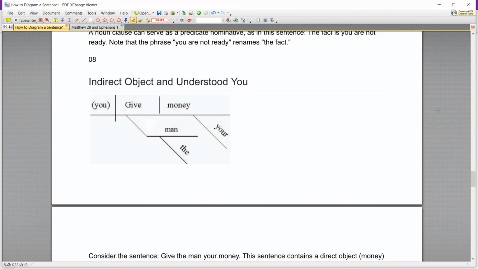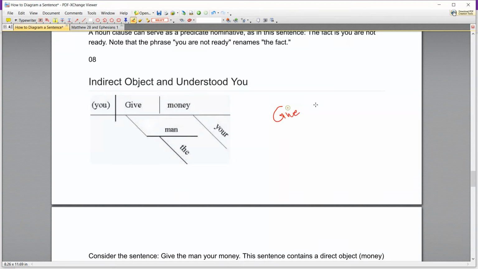Okay, number 8, indirect object and understood you. So let's try to read this sentence. You is not really there, but is presumed. So, give the man your money. Let me write it here.